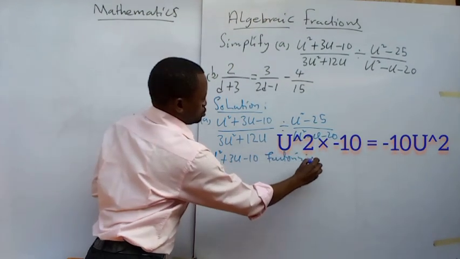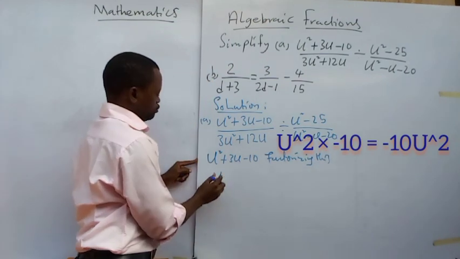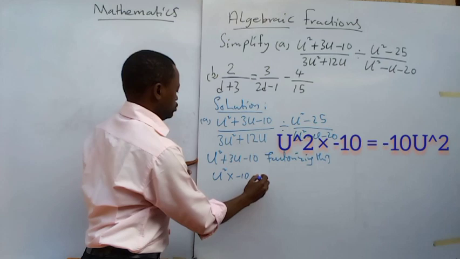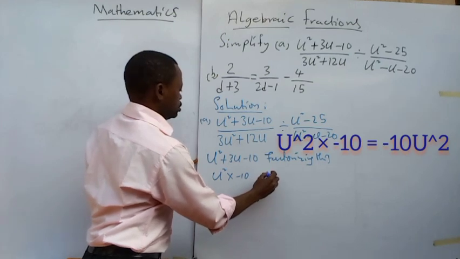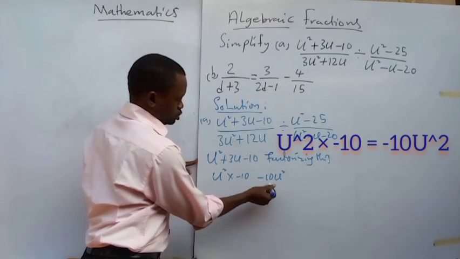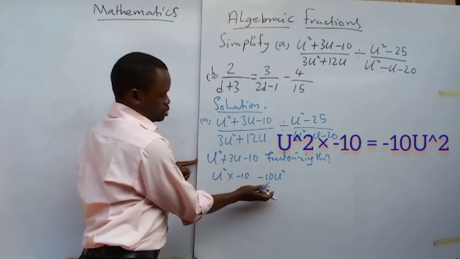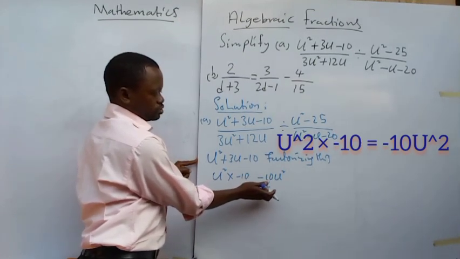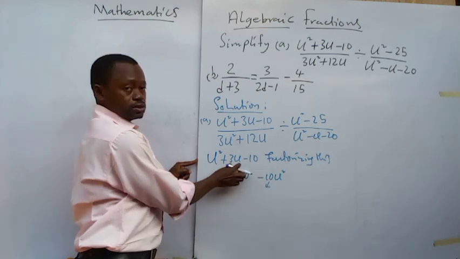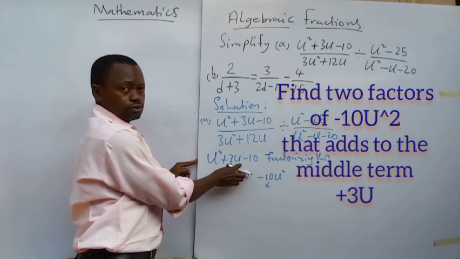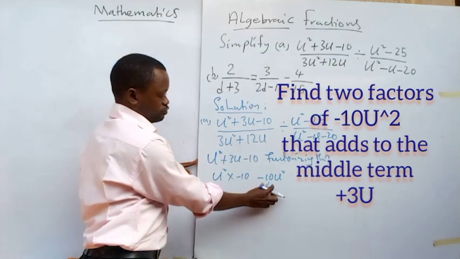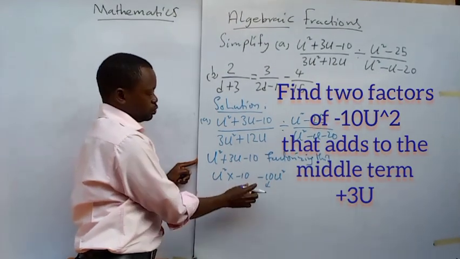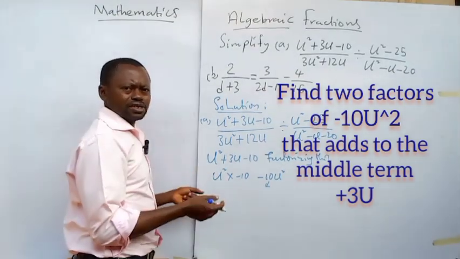Factorizing this, we have u squared times minus 10, and we're going to have minus 10u squared. Now you focus on this and see whether you can get two factors of this that can add up to this 3u. Do we have any two factors of 10 that can give us 3?